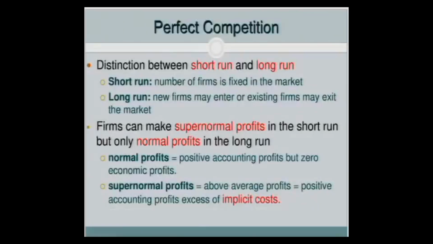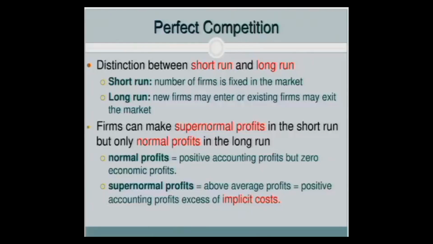Now, before we move on further, we need to distinguish between short run and long run. In the short run, the number of firms could be constant. It won't change in the short run. To start a firm, it may take a long time. So the short run is a time within which the number of firms is fixed. No new entries. But in the long run, we expect that the markets will be populated by more firms due to market conditions.